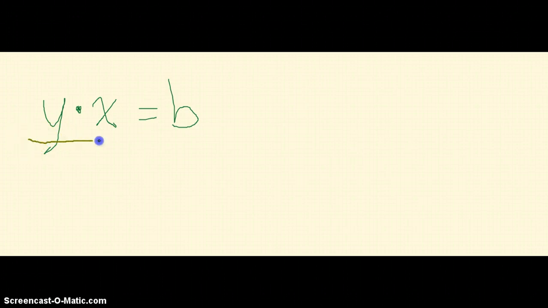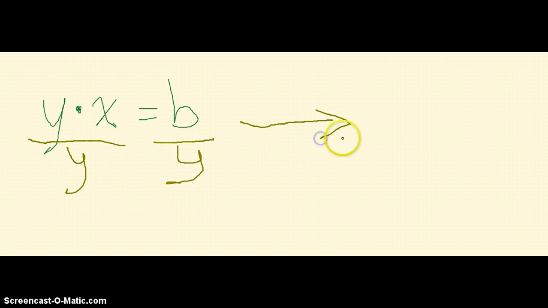So if I divide both sides by y, I will have a new equation: x equals b divided by y. Again, these two equations are equivalent to each other.